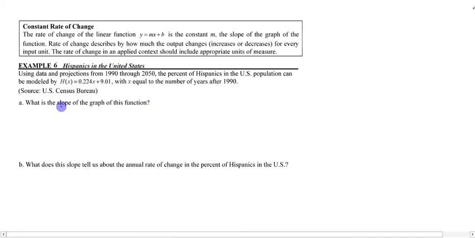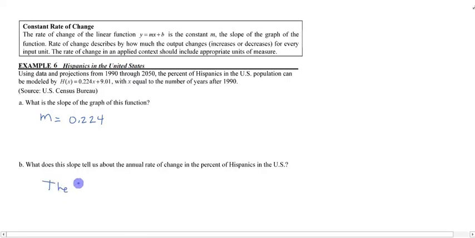So the slope is 0.224. What does the slope tell us about the annual rate of change in the percent of Hispanics in the U.S.? Well, first off, it's positive, so that means it is increasing.